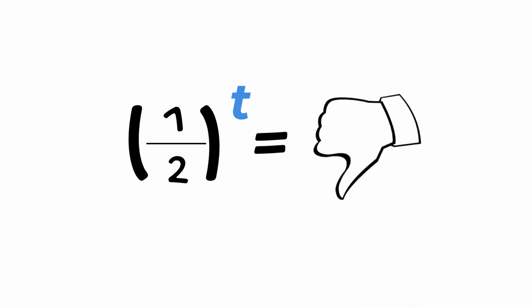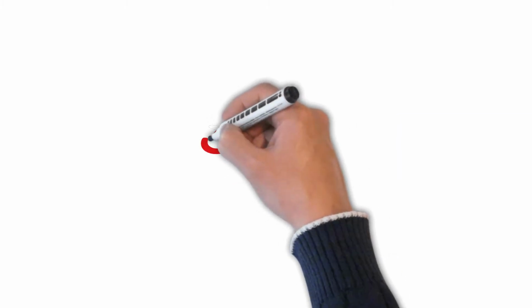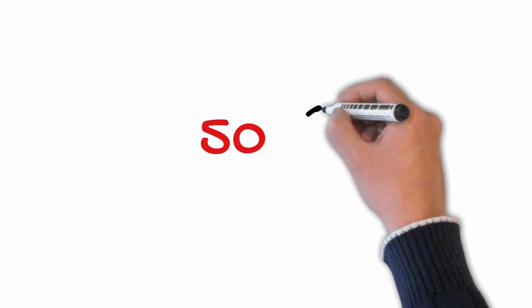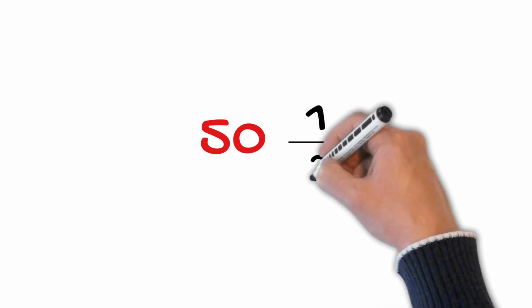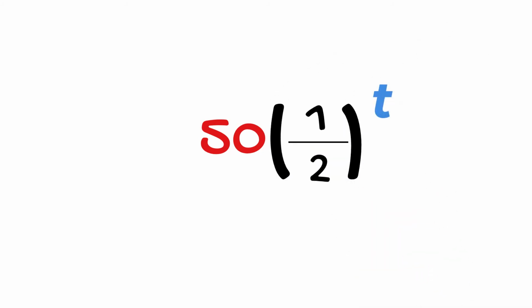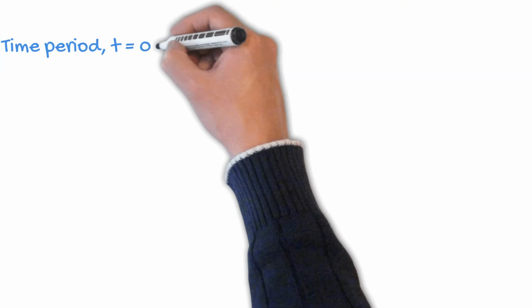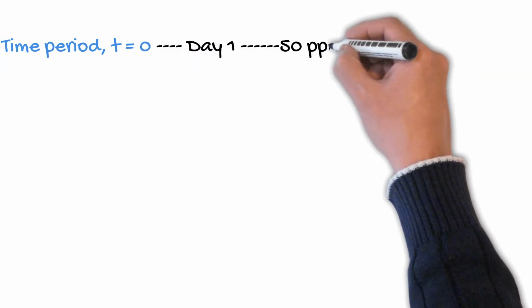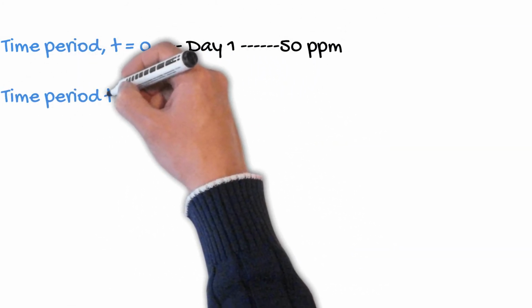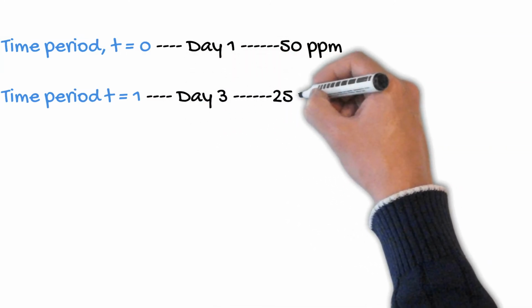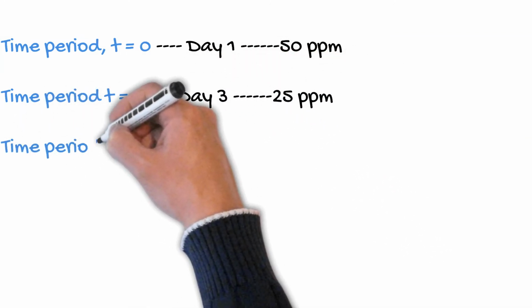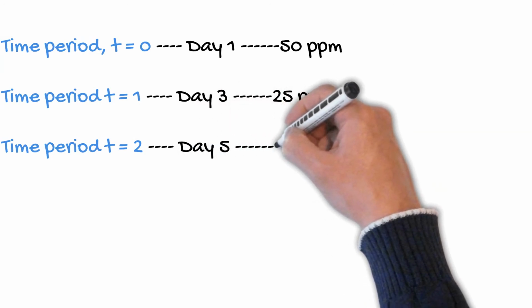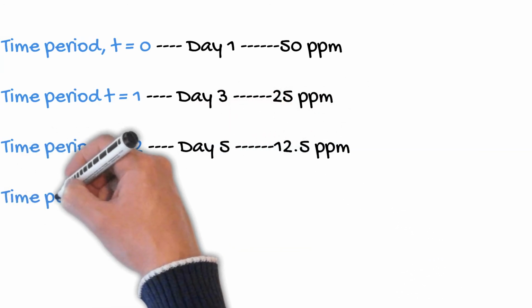1/2, 1/4. So we have to multiply it by the 50. So if we have 50 times 1/2 to the power of t, then at the beginning we're basically at time period 0. This would be after 0 time periods, this at the end of 1 time period, the end of 2 time periods, the end of 3 time periods, the end of 4 time periods.